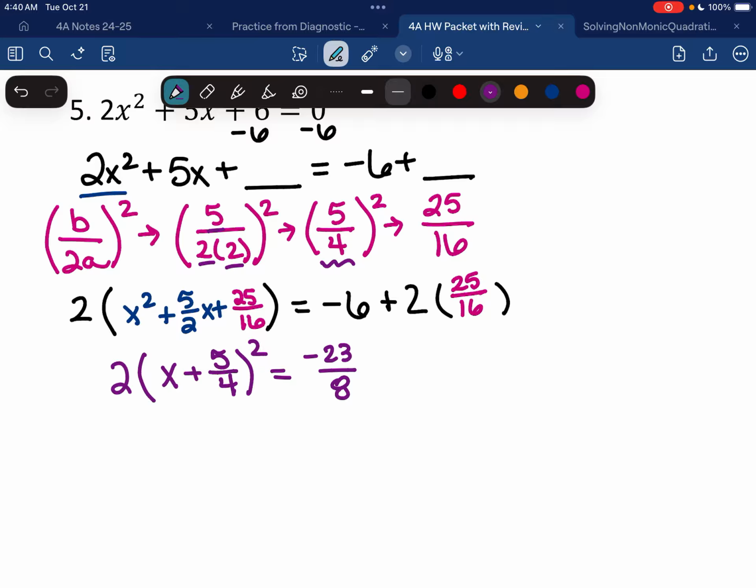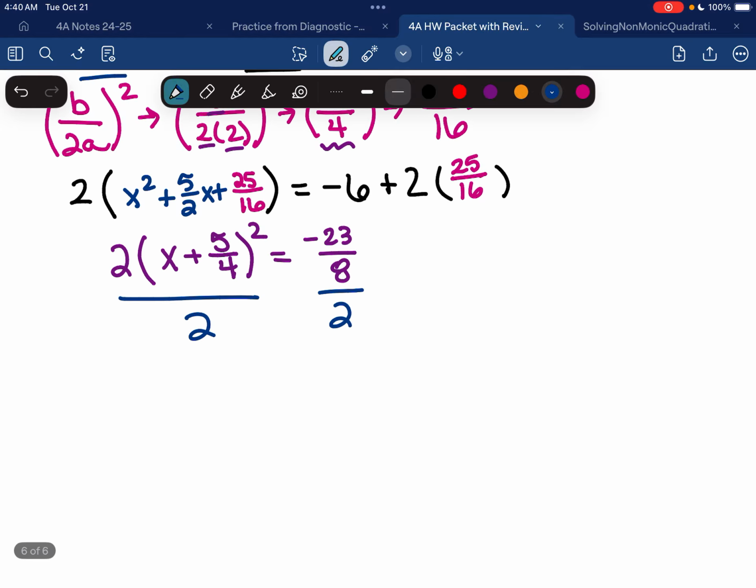And then I'm going to divide both sides by 2. And so I have x plus 5/4 squared equals negative 23 over 16.